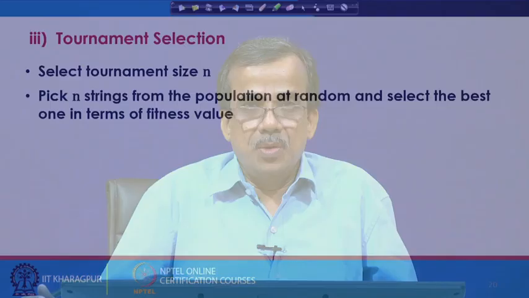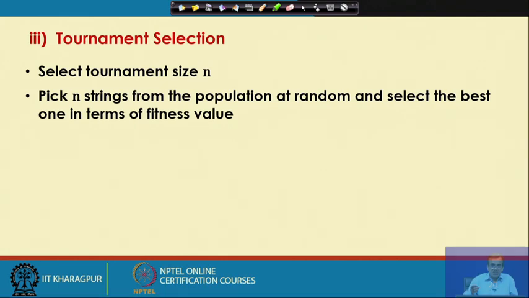Once we have taken this tournament size, we take a small number of solutions from the population at random using the random number generator and compare their fitness values. Supposing that I am solving one maximization problem, out of that small n solutions, the solution which has the highest fitness will be selected in the mating pool, and all the solutions will be returned to the population.